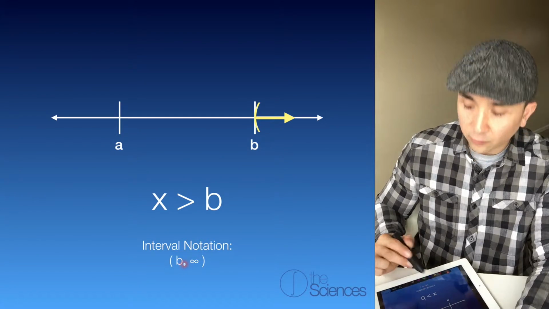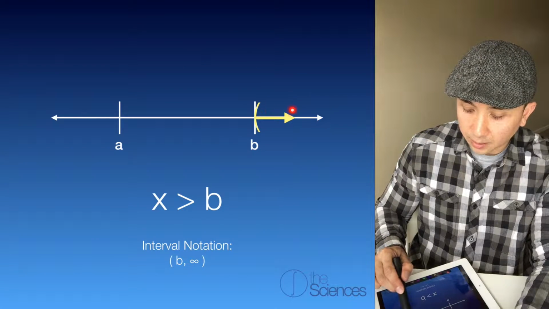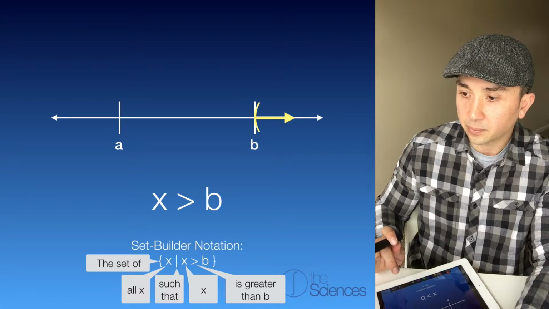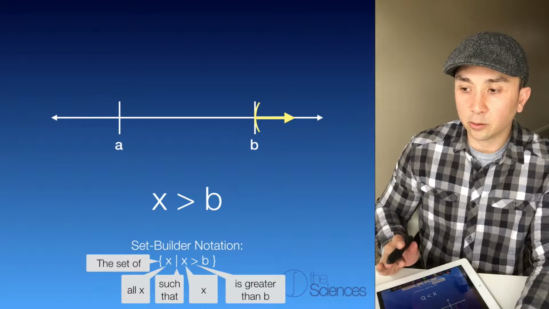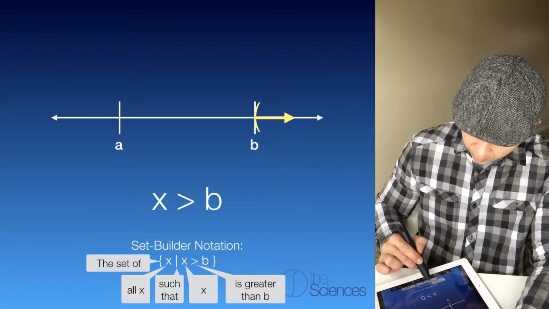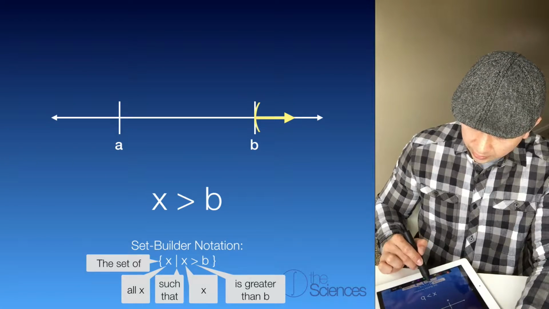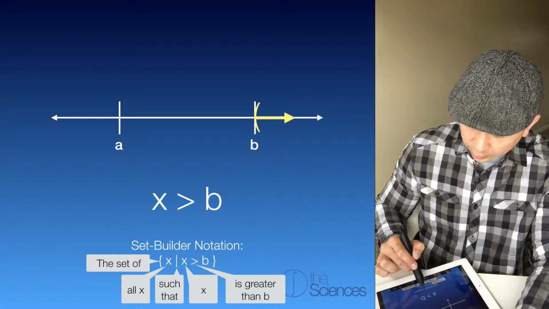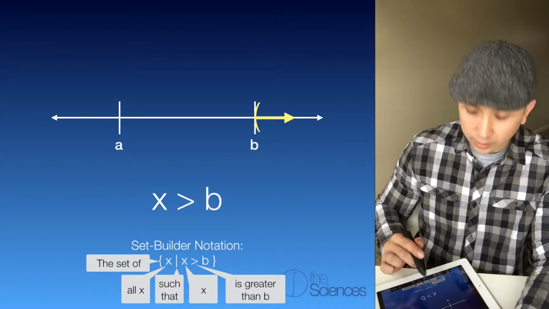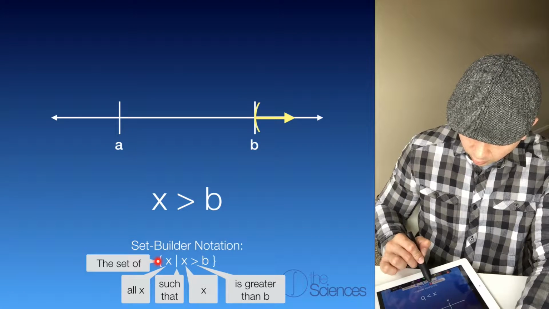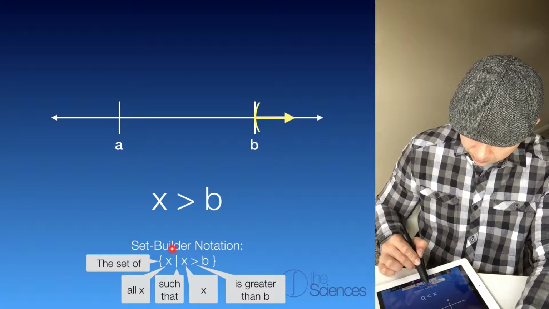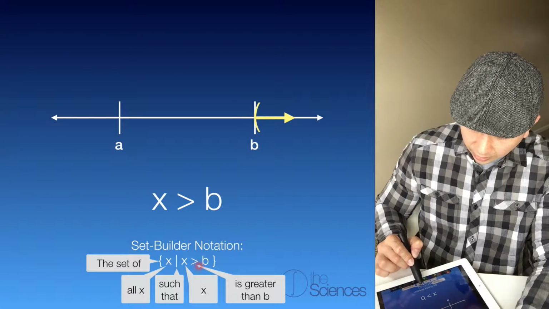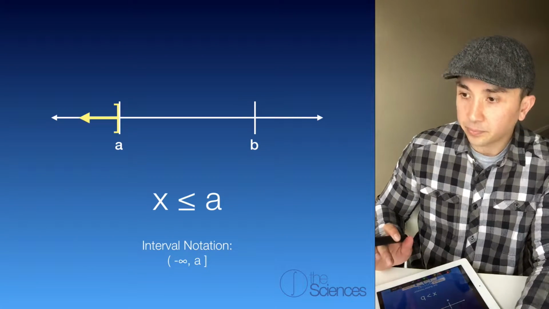And we use the infinity symbol to show that it goes in this direction indefinitely. Now in set builder notation, we write curly braces x, a line, x is greater than b. And the way you read this is the set of all x such that x is greater than b.